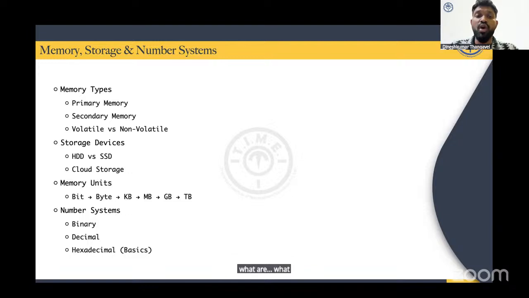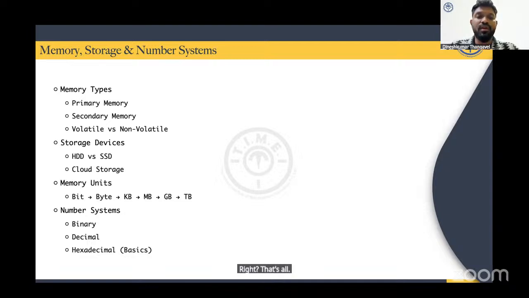Non-volatile memory is where data remains even after the power is off, like ROM, hard disk, pen drives, SSD. If we burn data on a CD, that data will remain even after the power is off. A quick example: if electricity goes off and your document disappears, that memory is volatile. If not, it is non-volatile.